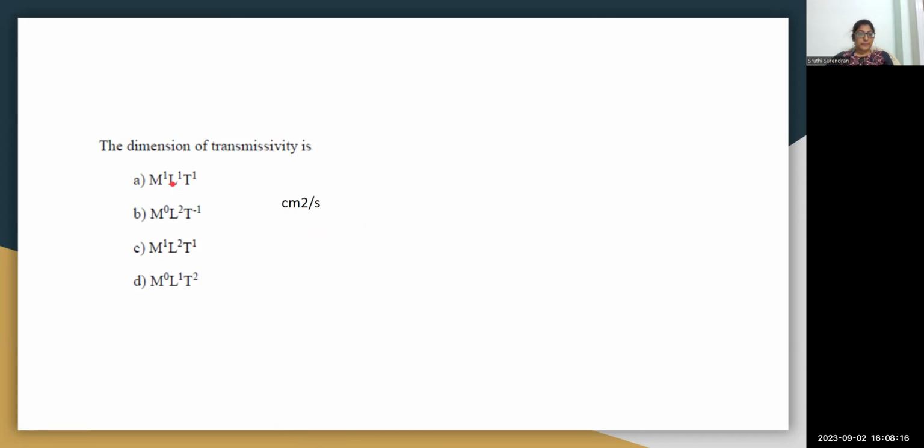Here, M relates to mass, L relates to length, and T relates to time. It definitely does not have any term depicting mass. So the option where the dimension of M is 0, L is to the power 2, and T is to the power minus 1 gives the correct answer, since centimeter square per second means T to the power minus 1. The correct answer is option B.